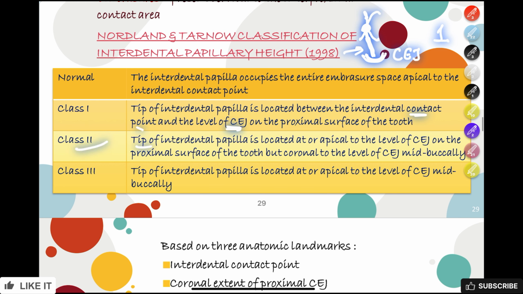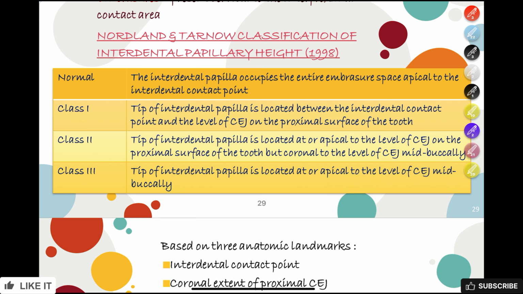In class 2, the tip of the interdental papilla, we have to notice this, we are talking about the tip of the interdental papilla. In class 2, the interdental papilla is located apical to the level of CEJ on the proximal surface, but coronal to the level of CEJ mid-buccally. If the tip is located at or apical to the level of CEJ, we will call it class 2.